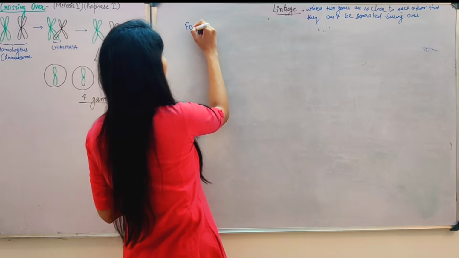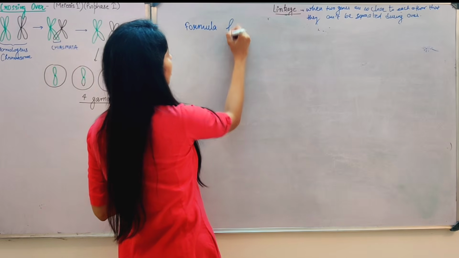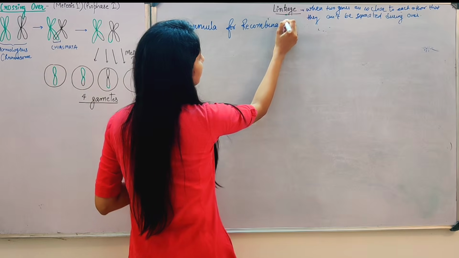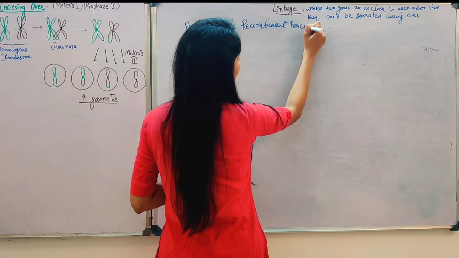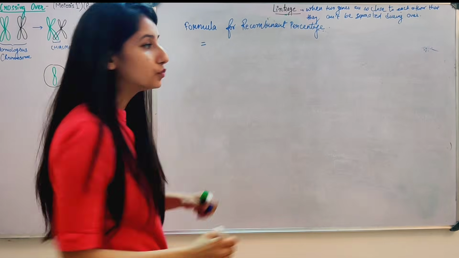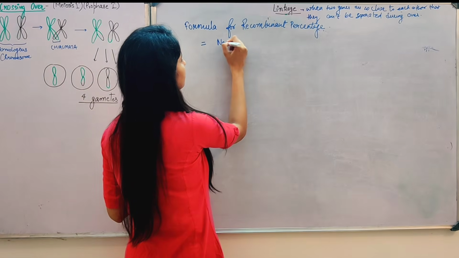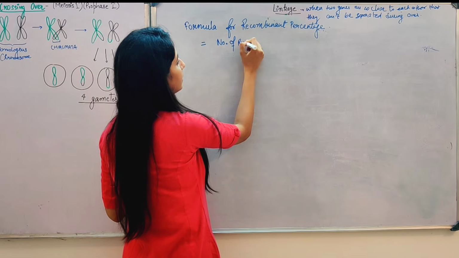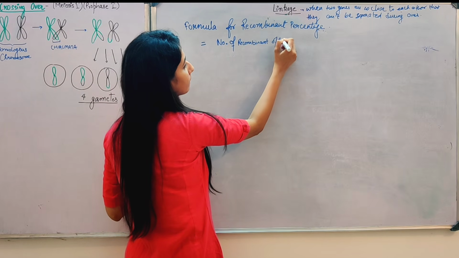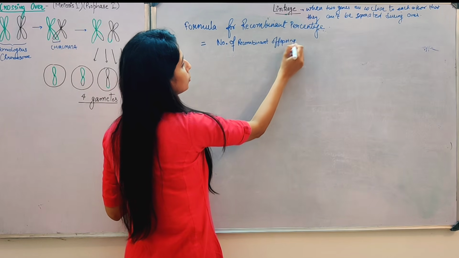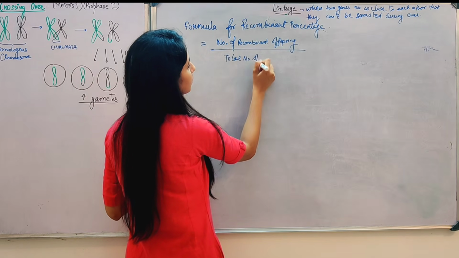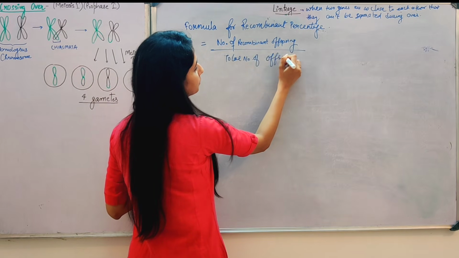The formula for recombinant percentage is equal to the number of recombinant offspring upon the total number of offspring into 100.